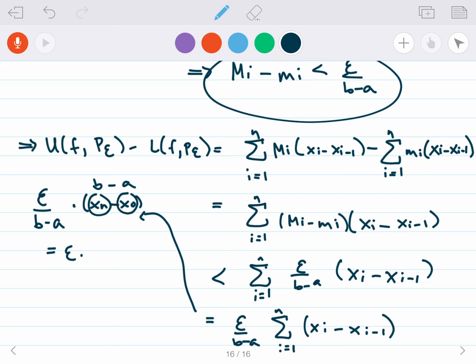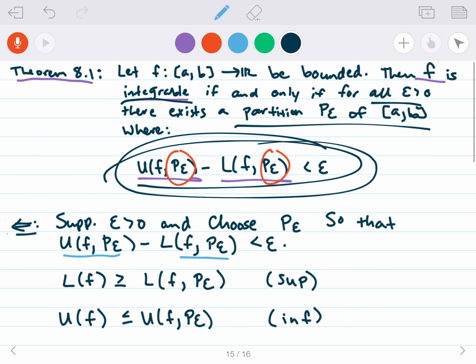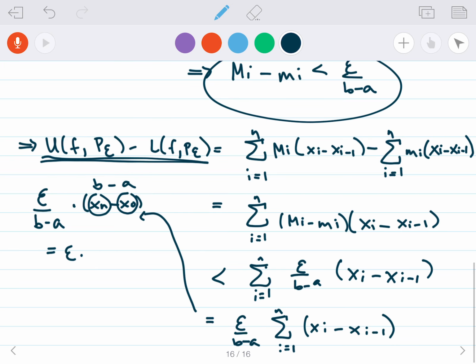Okay, so we have shown that this is less than epsilon, and by theorem 8.1, that implies that f is integrable. Therefore, by theorem 8.1, it follows that f is integrable.